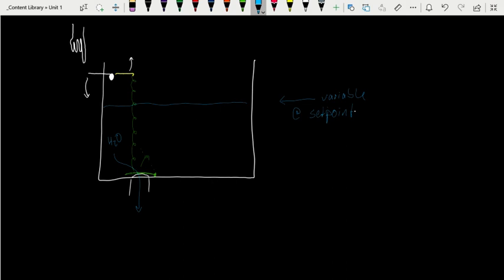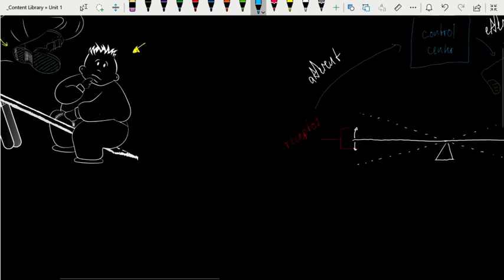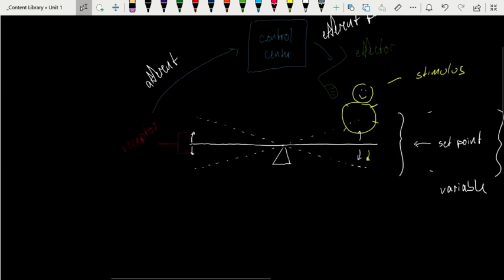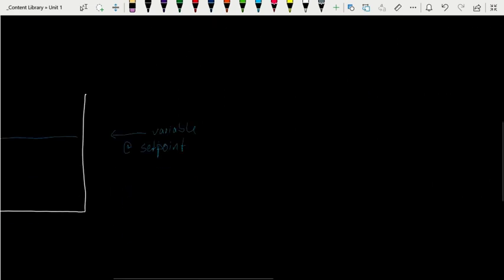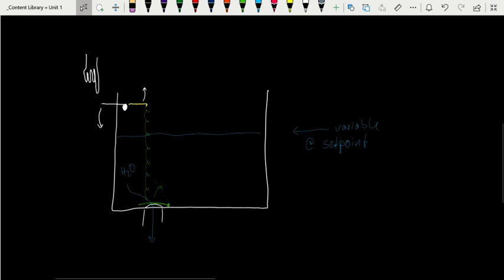Now, if we go back to the picture above, let's walk through this process. There must be a stimulus that changes the variable, and then there has to be a receptor that is able to pick up that change. So let's go back and apply that to our toilet.